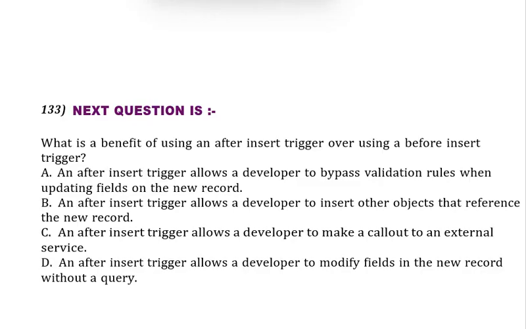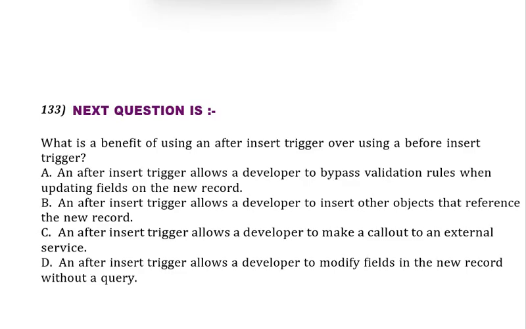Question is, what is the benefit of using an after insert trigger over using a before insert trigger? Option A, an after insert trigger allows a developer to bypass validation rules when updating fields on the new record. Option B, an after insert trigger allows a developer to insert other objects that reference the new record.